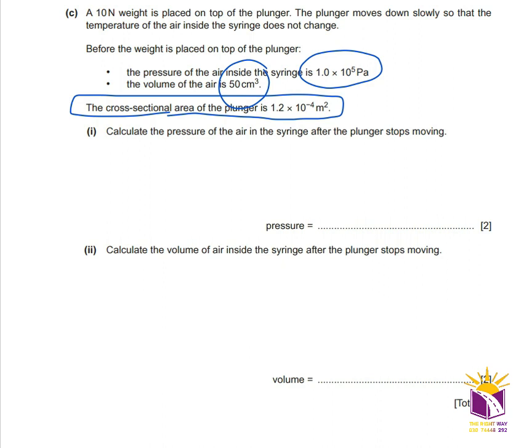When the plunger stops moving, the pressure due to the weight is equal to force per unit area, which is 10 Newton divided by 1.2 times 10 raised to power minus 4, equal to 83333.34.